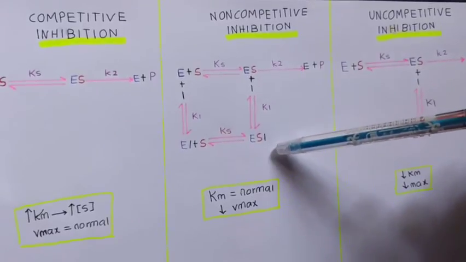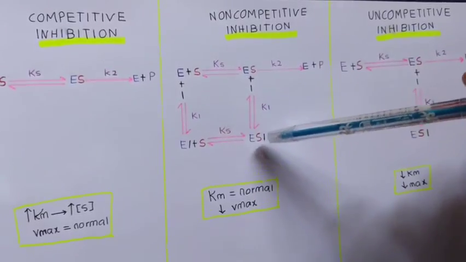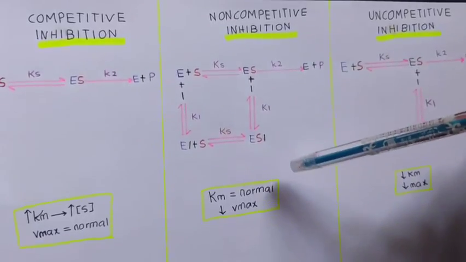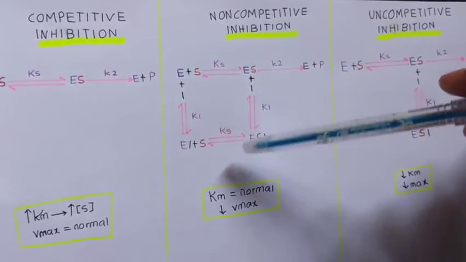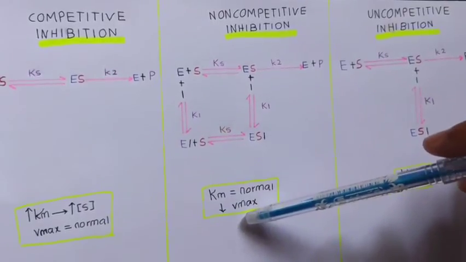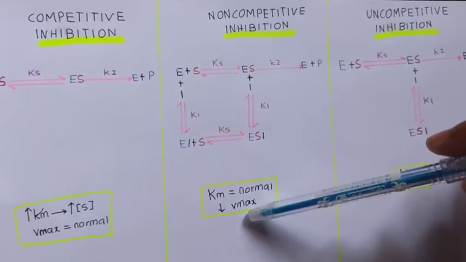Some enzymes still form this complex and do not change to enzyme-substrate, so not all the enzyme can form the product. That's why the Vmax is decreased.